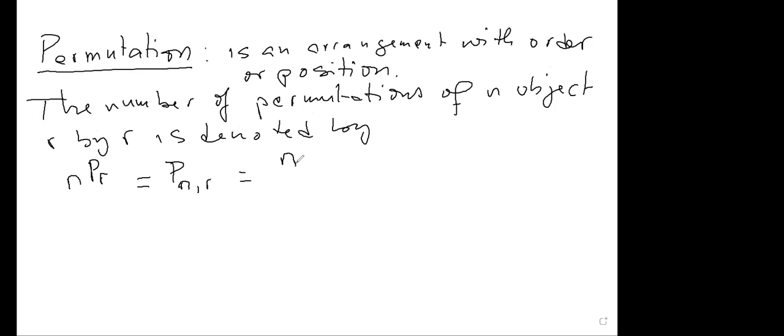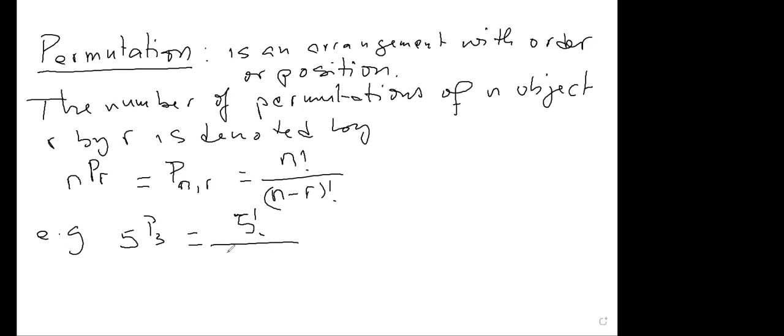It is equal to n factorial divided by n minus r factorial. Example, the number of permutations of 3 objects from 5 is 5 factorial divided by (5 minus 3) factorial, which is 2 factorial.